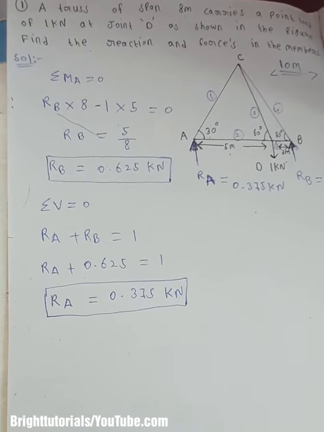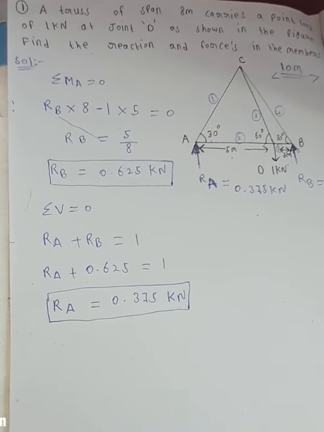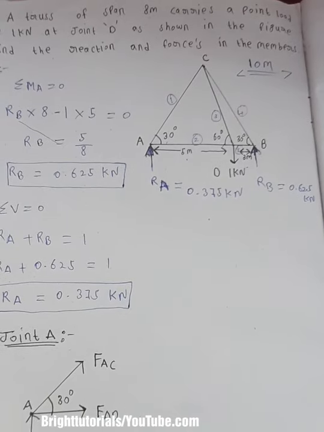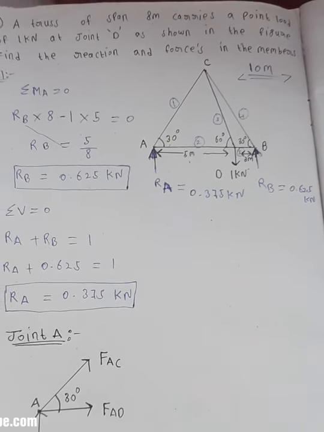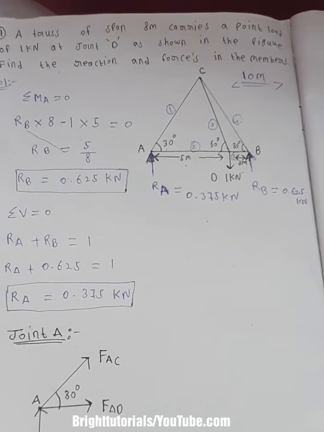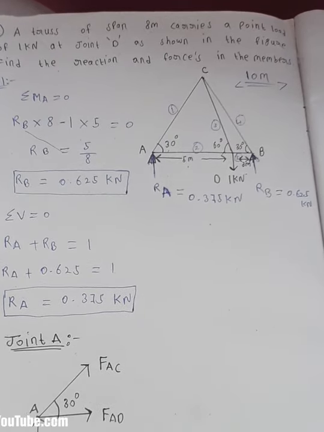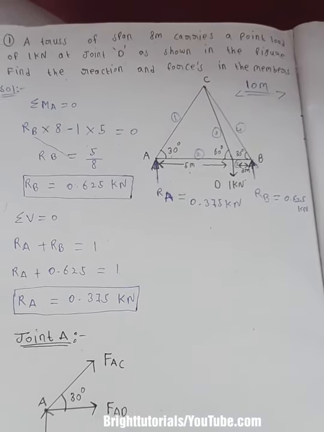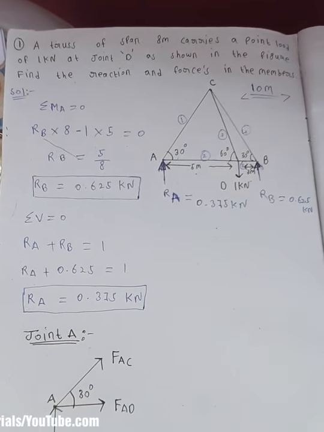By using the method of joints, we can easily find all the member forces. The method of joints itself states that by using the joints of a given truss, we find the forces in the members. So we should see a joint which contains only 2 unknown forces.